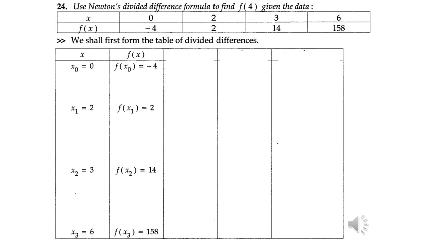Now here we write the first divided difference. The notation for the first divided difference will be this. Now let us see how we find the entries here.